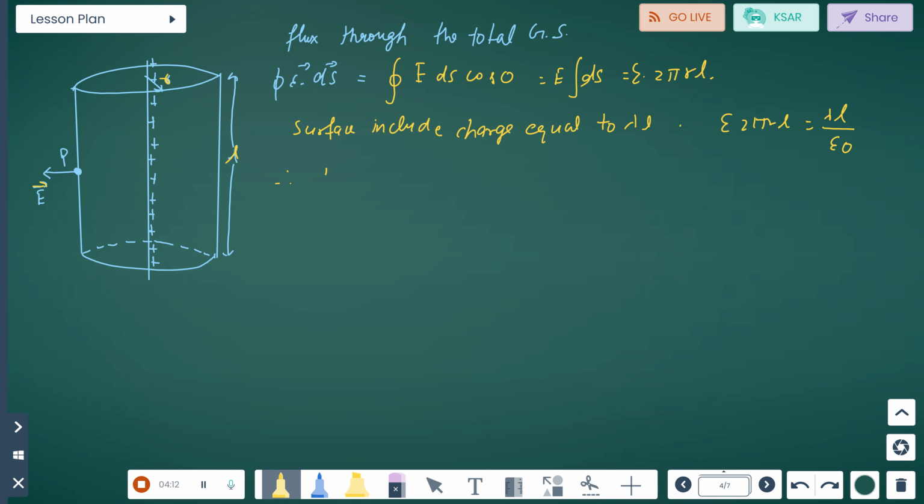Therefore we get E equals lambda by 2 pi epsilon naught r.